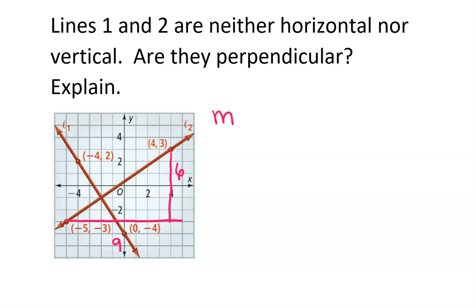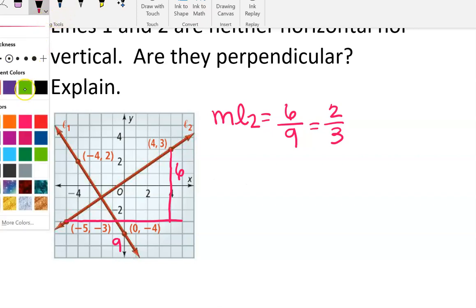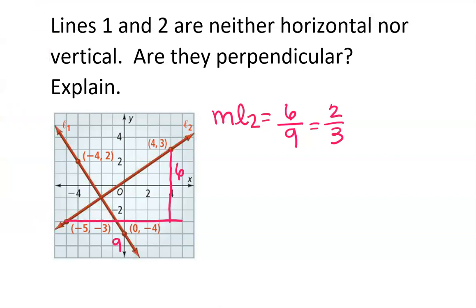So the slope of line 2, and again, signify which one you're doing, is rise, which is 6, run, which is 9, and then simplify those. I'm going to make this one 2/3, and it is positive because it's going up. The slope of line 2 is right here.